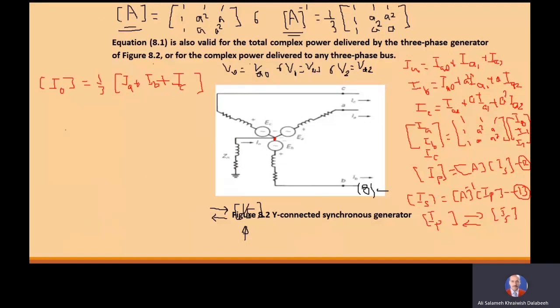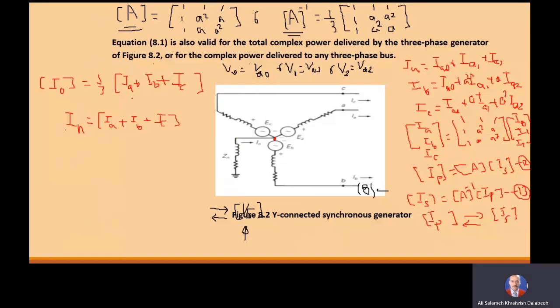Now, if I need to calculate the neutral current, how can I calculate the neutral current? The neutral current, as you know, is equal to IA plus IB plus IC.